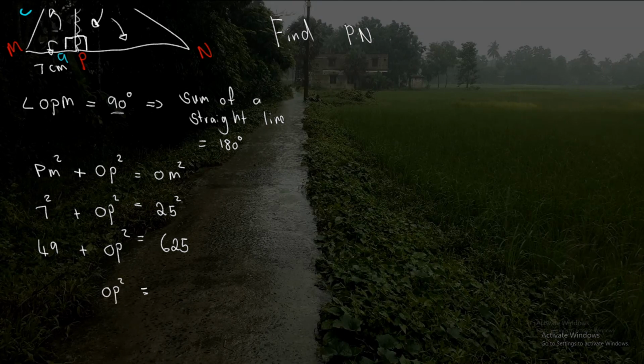So OP squared, I'm going to transfer from the left to right. That gives me minus 49, which gives me 576. If I take the square root of both sides to calculate OP, the square root of 576 gives me 24. So therefore OP is 24 units long.